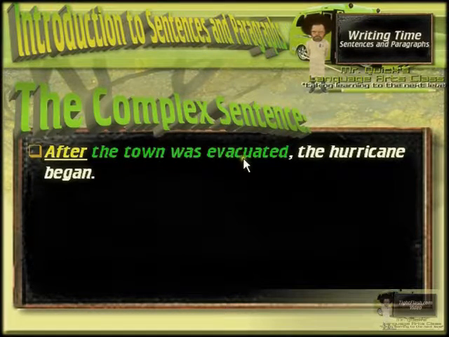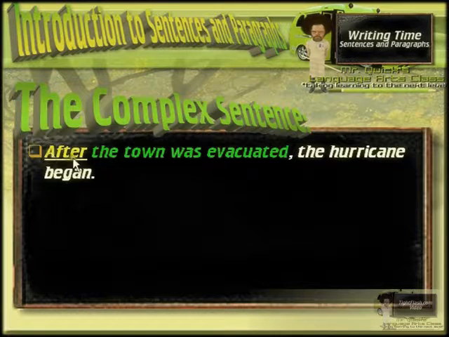After the town was evacuated, the hurricane began. Now, if for a moment we forget about this subordinating conjunction after, and for your information, this word falls under the category of time. So we know we're dealing with time when we're using this particular subordinating conjunction.